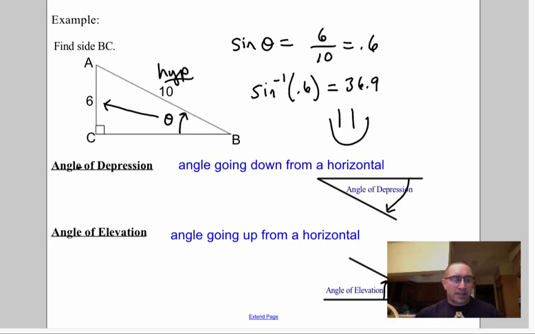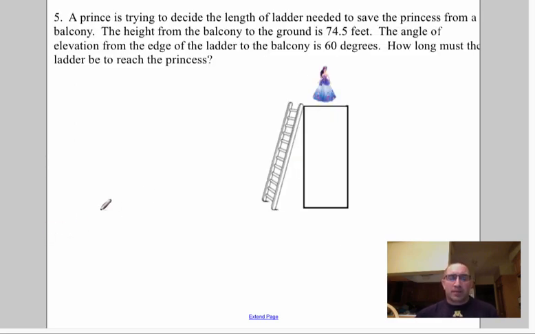And now our last example of the day is a word problem. It says a prince is trying to decide the length of the ladder. So I'm going to call that X, needed to save the princess from a balcony. The height from the balcony to the ground is 74.5 feet.